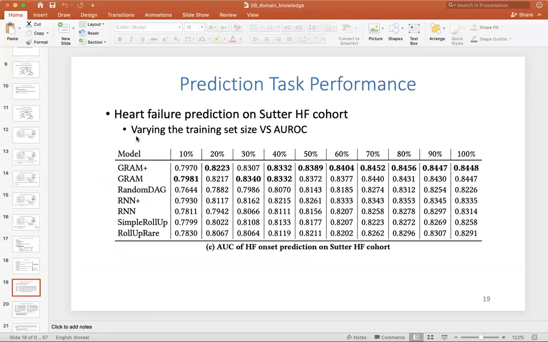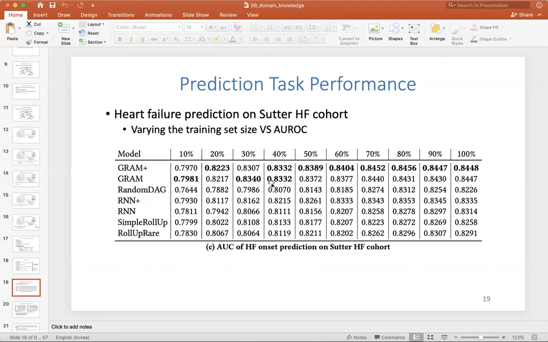Starting from the heart failure dataset. What I did in this experiment is change the size of the training data. We fixed the size of the test data, but changed the size of the training data, using only 10%, 20%, 30%, all the way to 100%. In this experiment, Gram Plus and Gram always outperform other models.